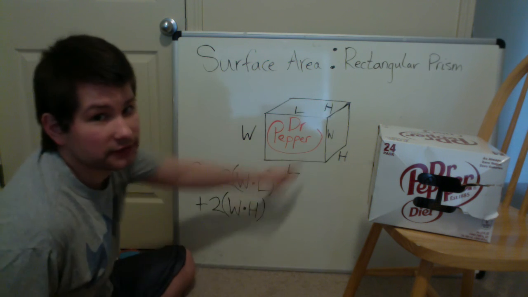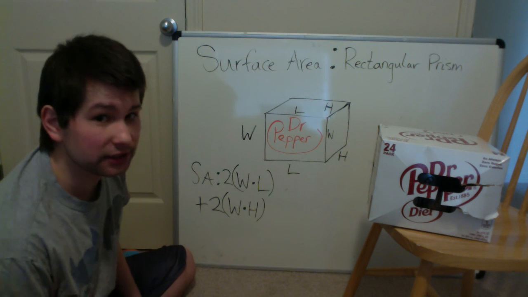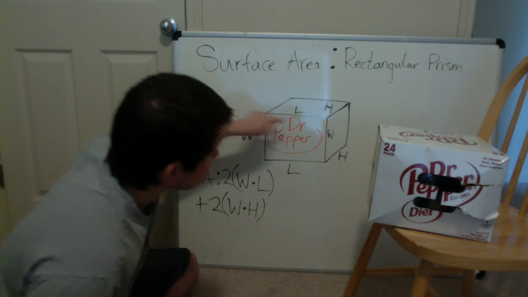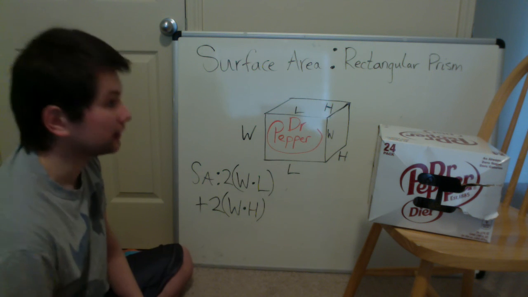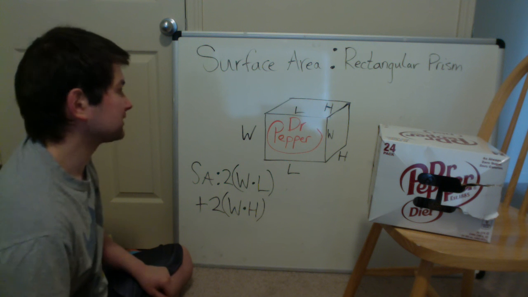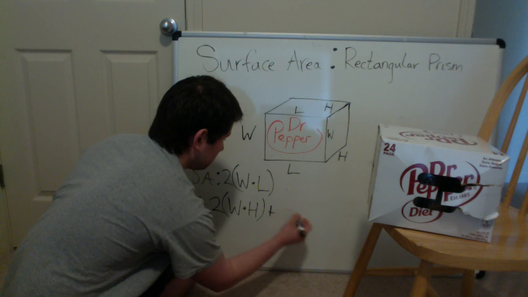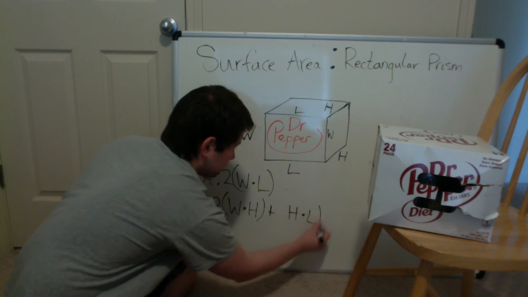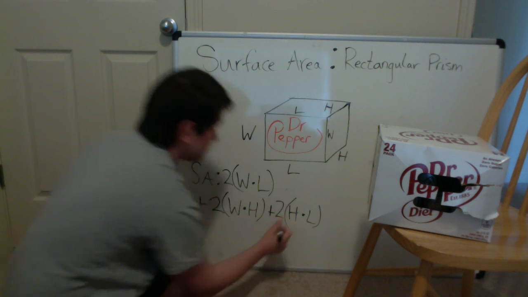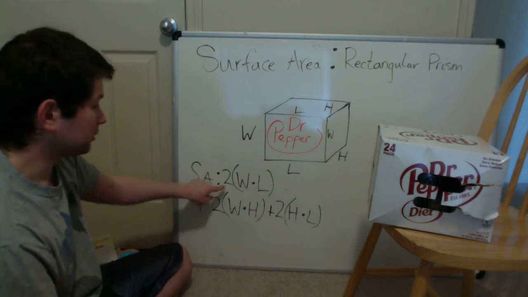So, if this is the height and this is the length, it's going to be the same calculation of the bottom side times the side, I guess you could call it. So that's length times height for that top rectangle. Height times length, and then we're going to multiply that by 2. Why? Because the top side is going to be the same as the bottom. That's all 6 sides, right?